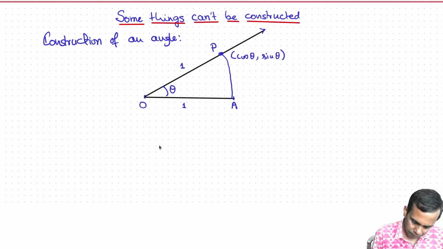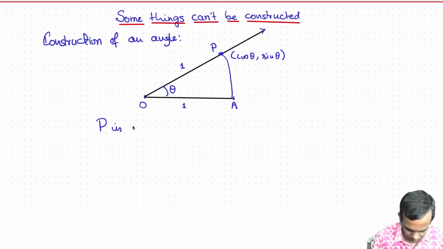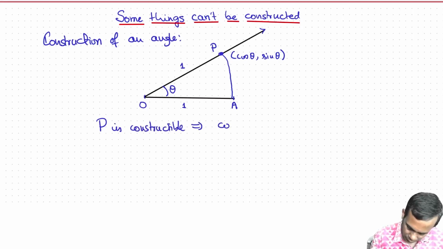So if the point P can be constructed, then we can also construct the length, the real number cos theta is constructible. So P constructible implies that cos theta is constructible.